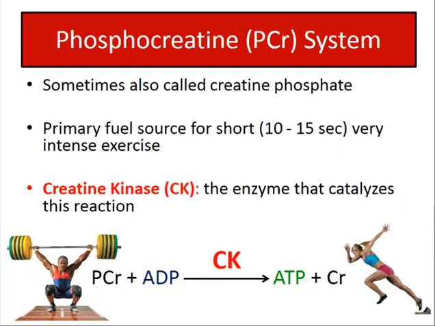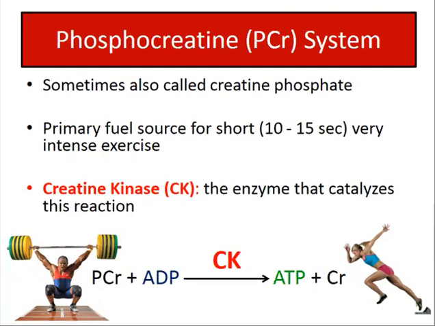So 1 molecule of phosphokeratin generates 1 molecule of ATP. But the excess ATP can be used during a period of low effort to convert creatine to phosphokeratin.